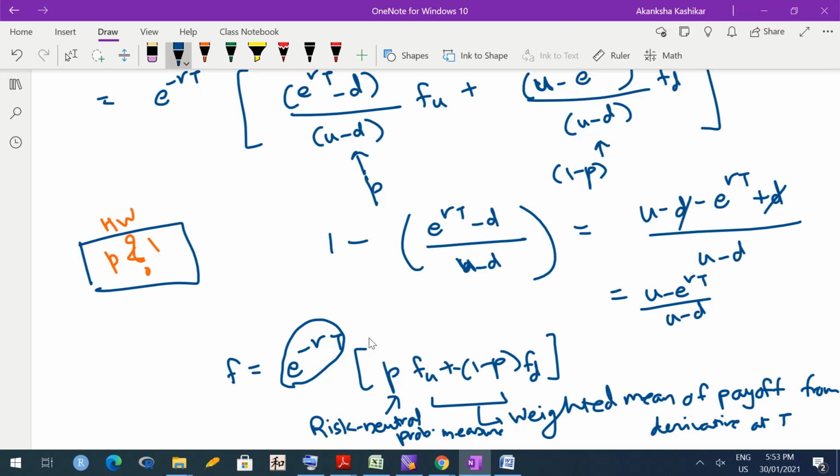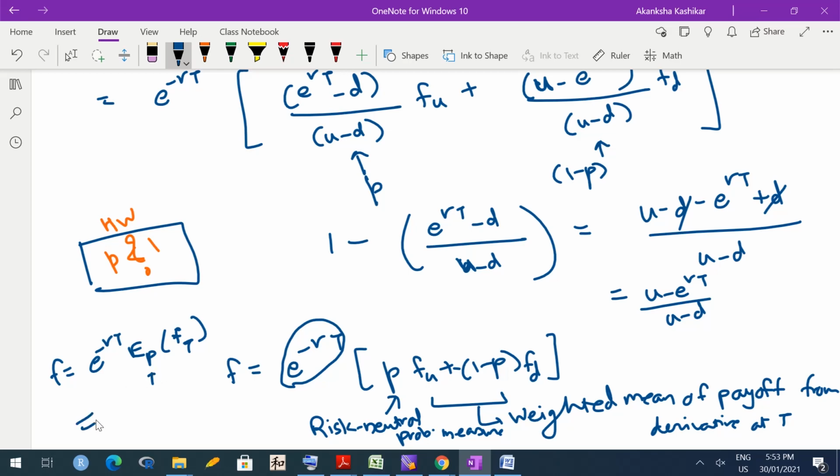There is some more theory involved in here. Whatever I said just now can be written as e raised to minus rT times E_P of F_T, the payoff at time capital T from the derivative under this measure p, 1 minus p.